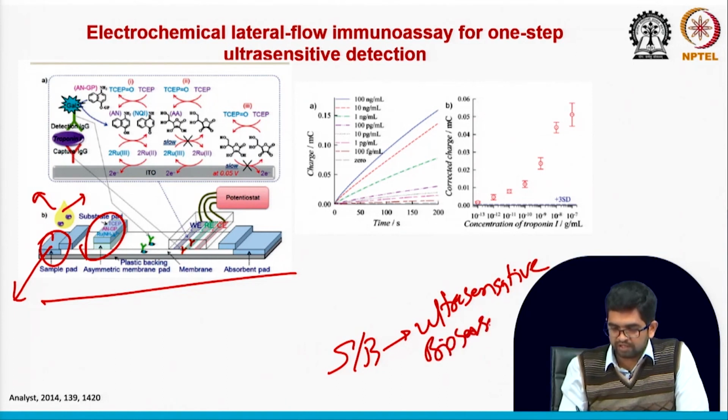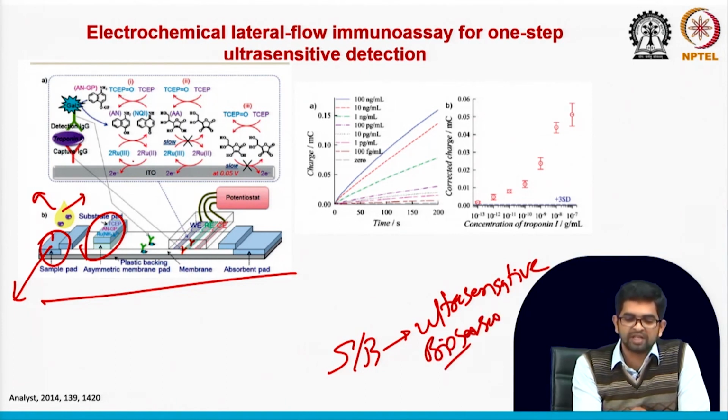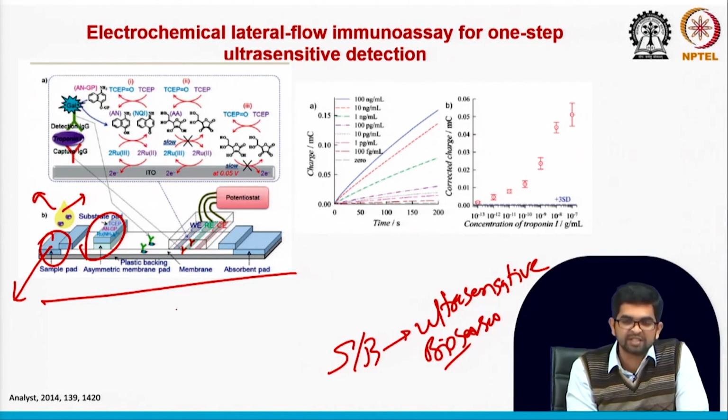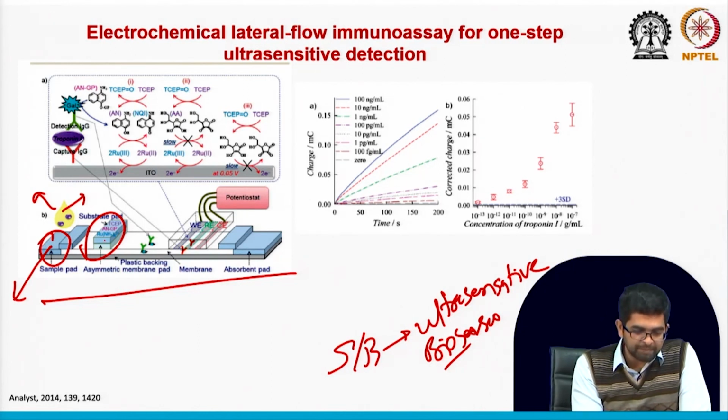So we need this kind of electrochemical sensor strip when we want to go for femto level detections, very low. You can see in this sample pad we can use substrates like T-shape, some ruthenium hexamine.